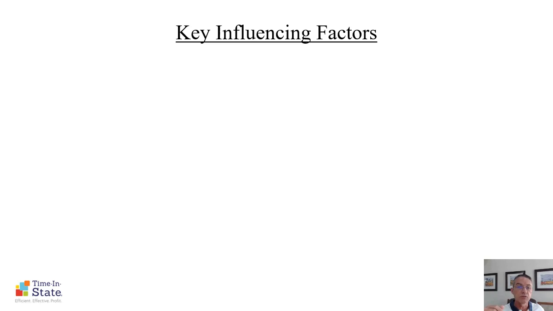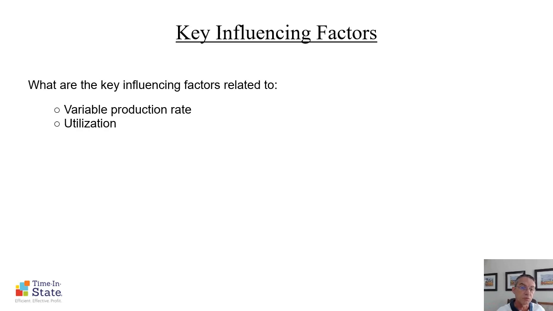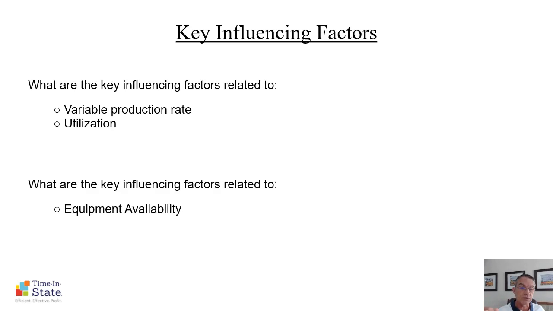Now, the first question that we will ask from a process point of view is, for instance, what are the key influencing factors causing variable production rate, and on the other end, the variability in utilization. Also, at the same time, we'll look at the equipment and ask the same question, what are the key influencing factors causing equipment availability and the variability of availability on the equipment.